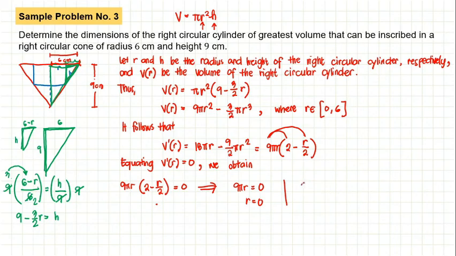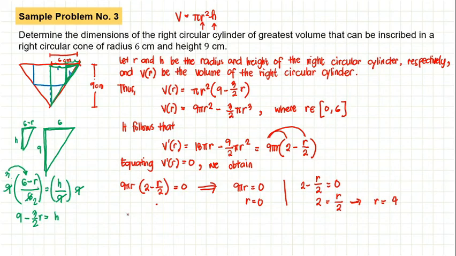And we have 2 minus r over 2 equal to 0. We will add r over 2 both sides. So 2 equals r over 2. Multiplying 2 both sides, you will get r equal to 4. So we have two values of r, and in this case, 0 and 4 are elements of the closed interval 0 to 6. Since 0 is already an endpoint, we just compare three values.